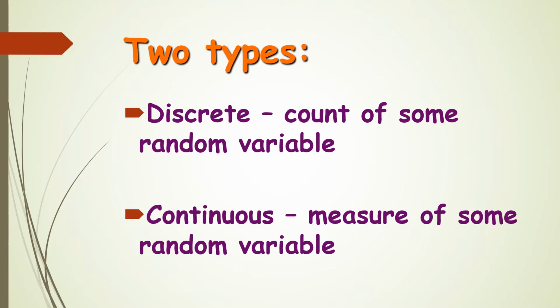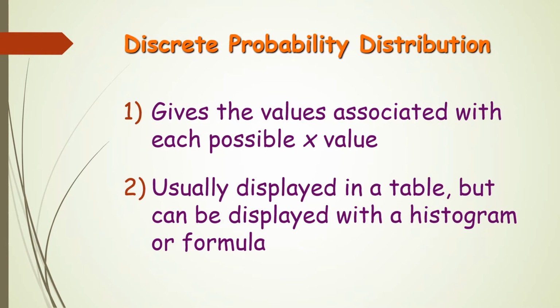Versus continuous is like measurement. So when I want to know the likelihood of somebody being 5 feet tall, and it goes with a normal distribution, that's continuous. All right, so a probability distribution just gives all the possible outcomes. When I roll a die, it's 6 possible outcomes. It will list them, and you can display it on a table.